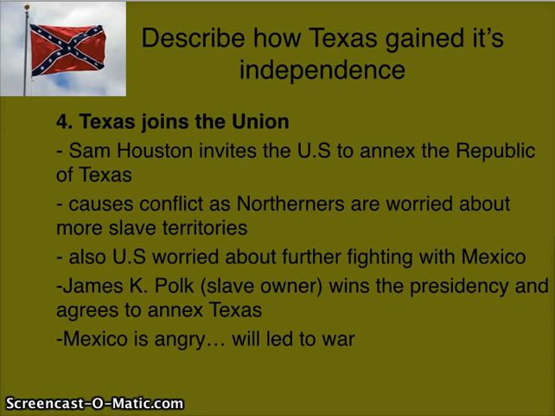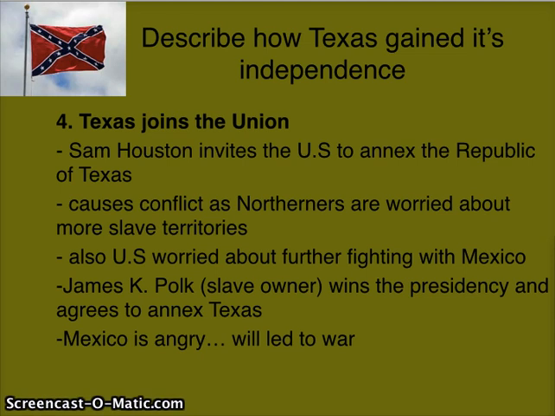Texas is quite a large territory, and the conflict that it causes is that Texas is below the Missouri Compromise line, which means that anyone who moves into Texas is allowed to have slaves.